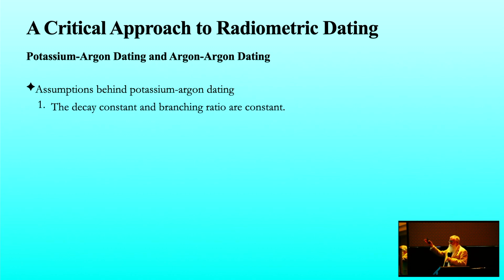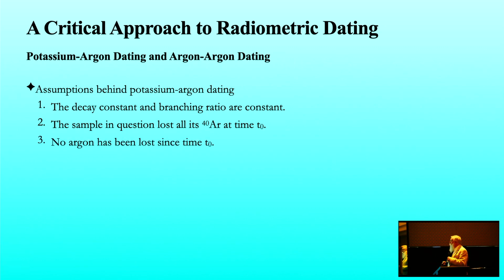Okay, one of them we already talked about, the decay constant and the branching ratio are constant. Okay, for right now we're going to accept that, even though we know that there's some evidence that might question it. The sample has lost all of its argon-40 at time t0. That's another assumption. Maybe it didn't. No argon has been lost since time t0.